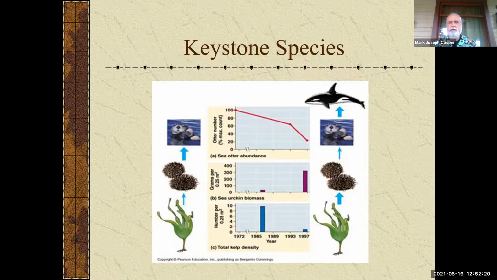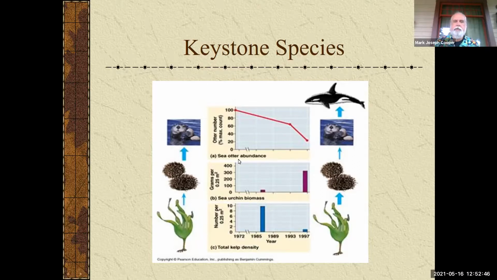The orcas were actually eating mostly seals. When the seal population dropped, they flipped to otters. And the problem is sea urchins actually eat the kelp. So we have seen over time, when the sea otter population dives, the sea urchin population goes up, and then the kelp suffers.